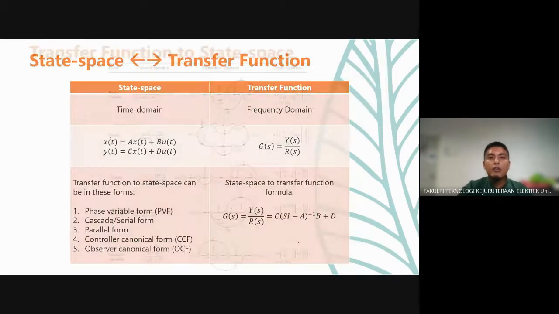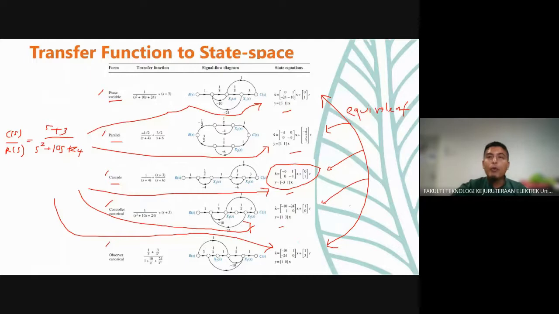In order to design a pole placement controller, you must use the phase variable form only. If you want to design a pole placement controller but you use a cascade form state space, you cannot design the controller. You are totally wrong. You can only design the pole placement controller if and only if you convert your state space to phase variable form.